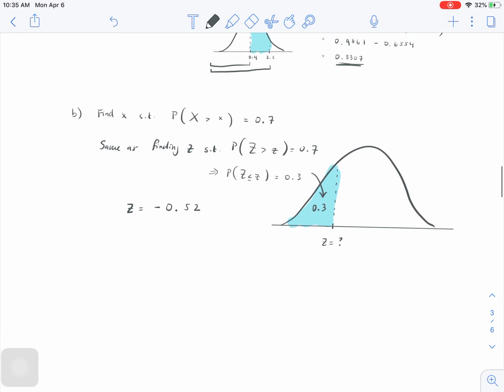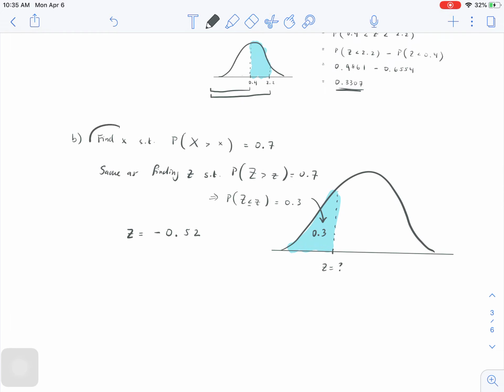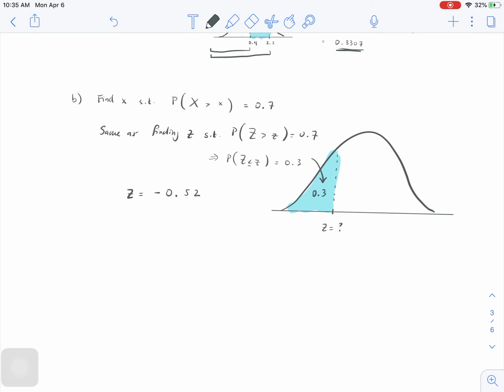But remember the question wanted us to find x such that the area to the right is 0.7. So all we have to do is convert. We know that z is equal to x minus its mean over the standard deviation.